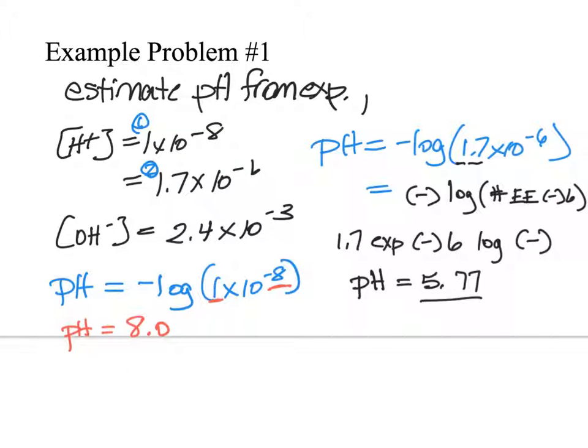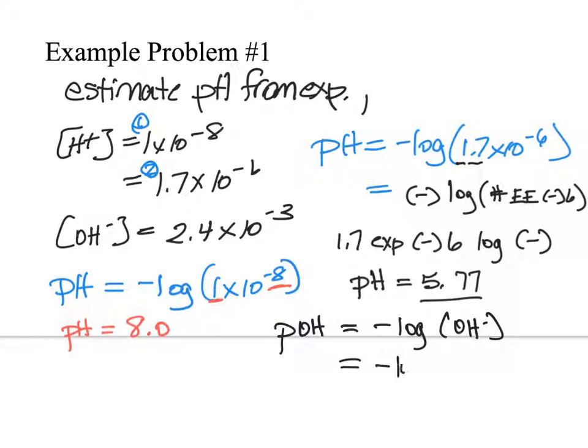All right, let's look at another example. In this case, we're going to be dealing with hydroxide. So there's a couple of different ways we can do this. I'll show you what I think is the easier way. Instead of calculating pH, we can calculate pOH, which would be negative log of hydroxide concentration.